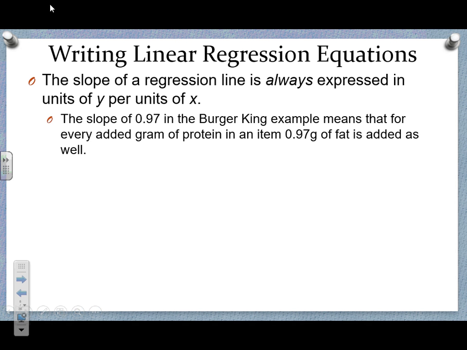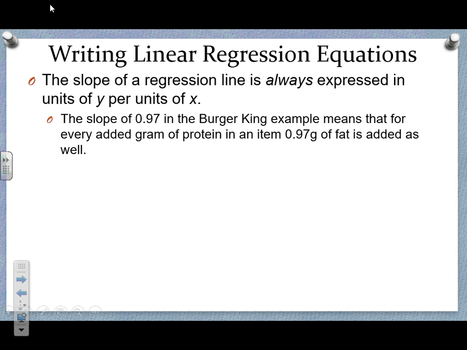So this is again where using the variable names in the equation itself helps you to keep track of what you're working with. So our slope of 0.97 in our Burger King example meant that each time I add 1 gram of protein to an item, I'm going to also add 0.97 grams of fat to that item.